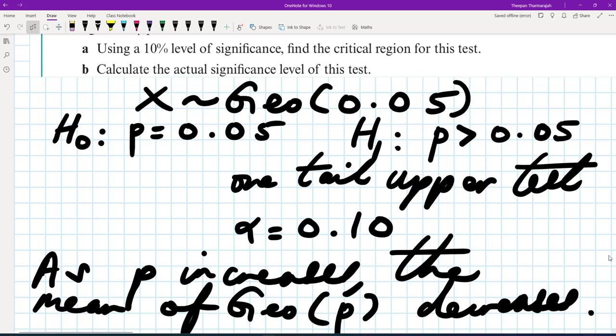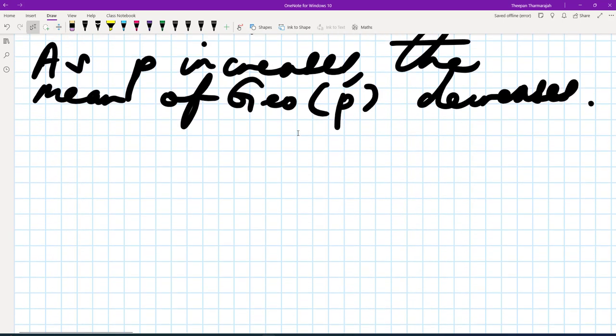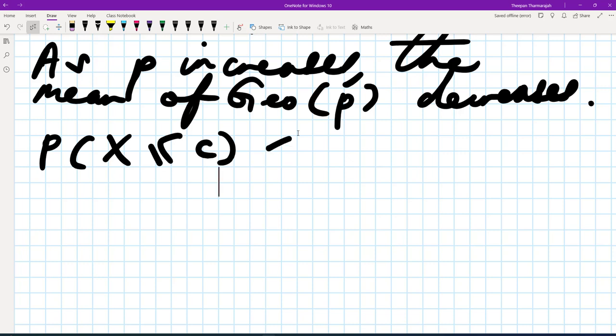So you can effectively say that we're interested in working out the probability that X is less than or equal to c, strictly less than 0.10, not 0.05.